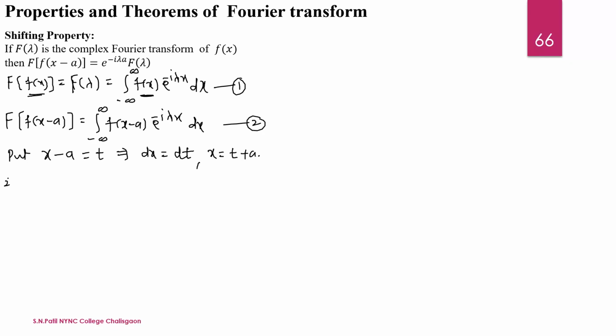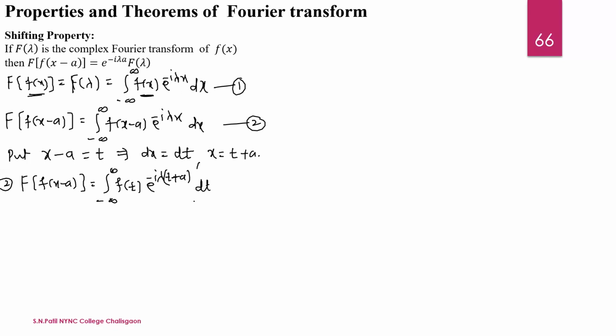Now suppose this is equation number 2. Substitute in equation number 2, then Fourier of f of x minus a is equal to the integral from minus infinity to plus infinity, limits as they are, f of t e to the power minus i lambda, the value of x is t plus a in brackets, and the value of dx is dt.